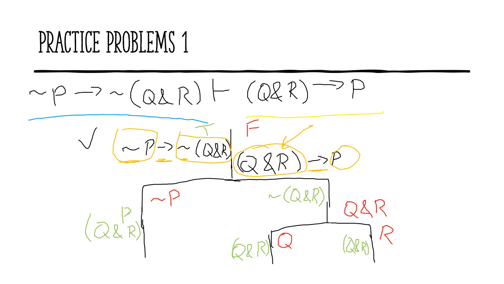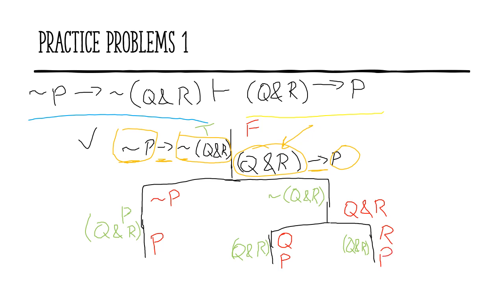So wherever this arrow is false, wherever the left side is true, or sorry, back up. This arrow is false wherever the left side is true and the right side is false. So it's an and, so we're going to put our P over here. And we're going to put our P over here. We're going to put our P over here.